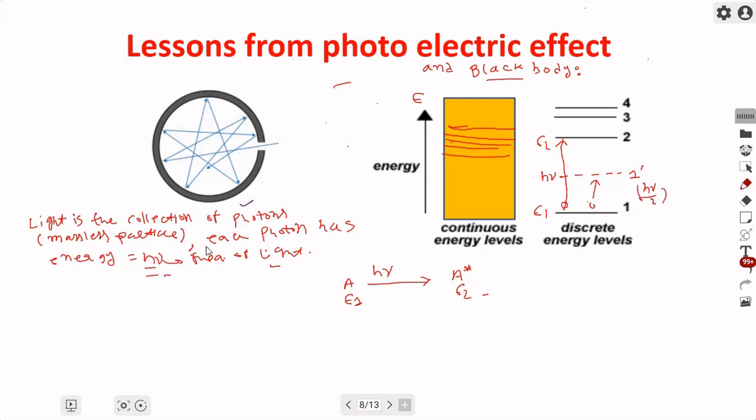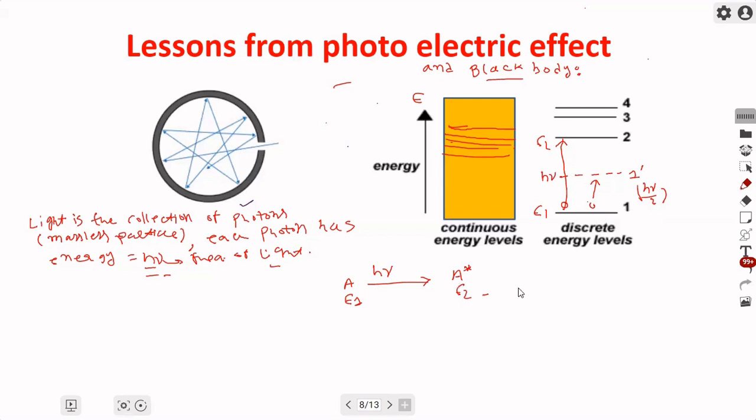Just like in the previous example, where half a paisa cannot be transferred in an Indian market, similarly half a photon's energy cannot be transferred. A photon's energy cannot be transferred in a fraction.